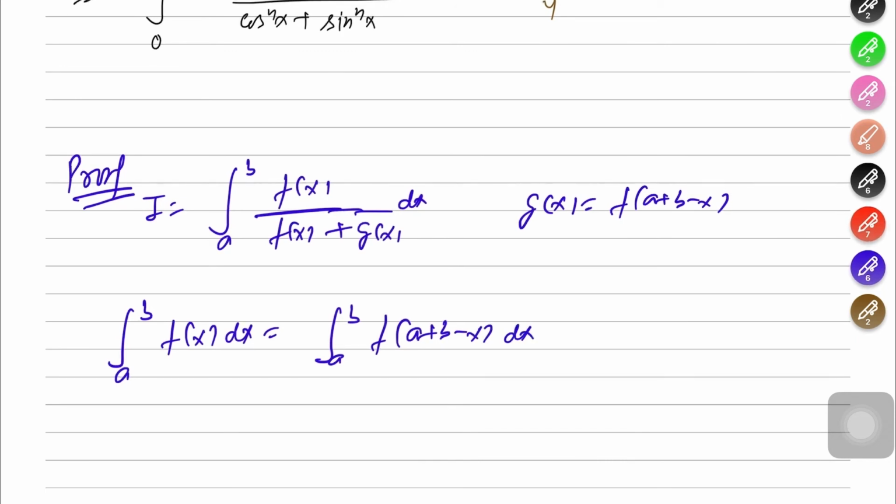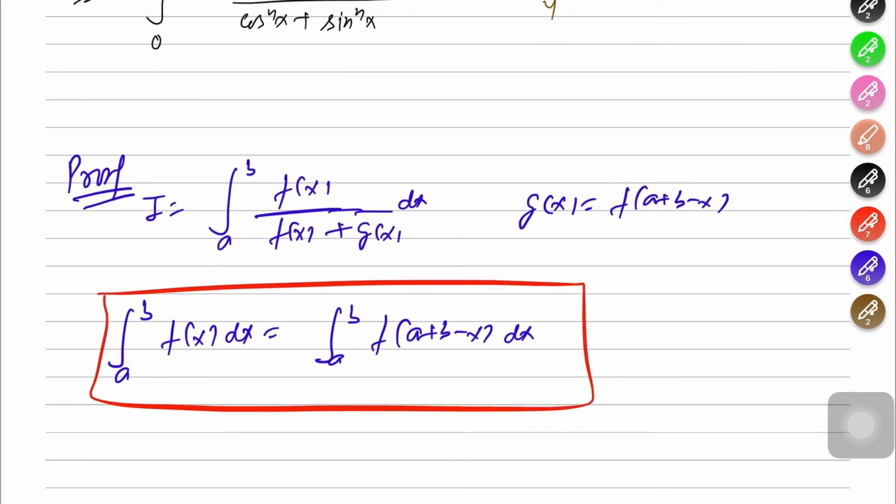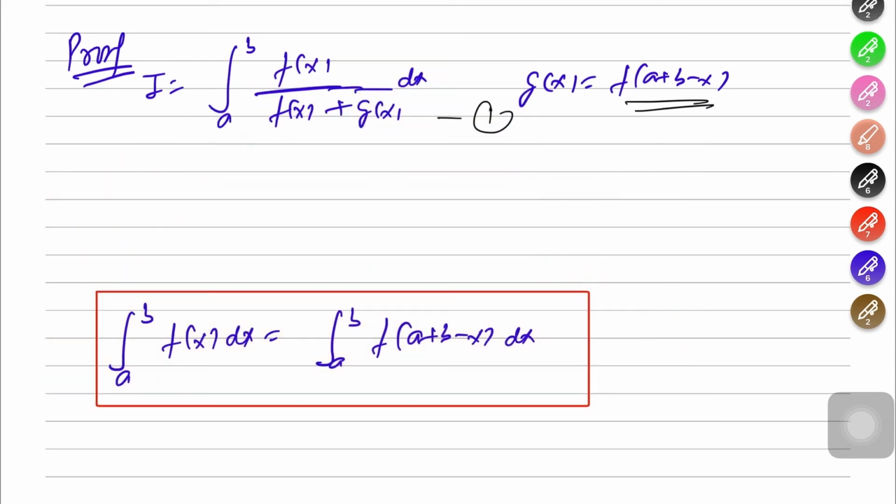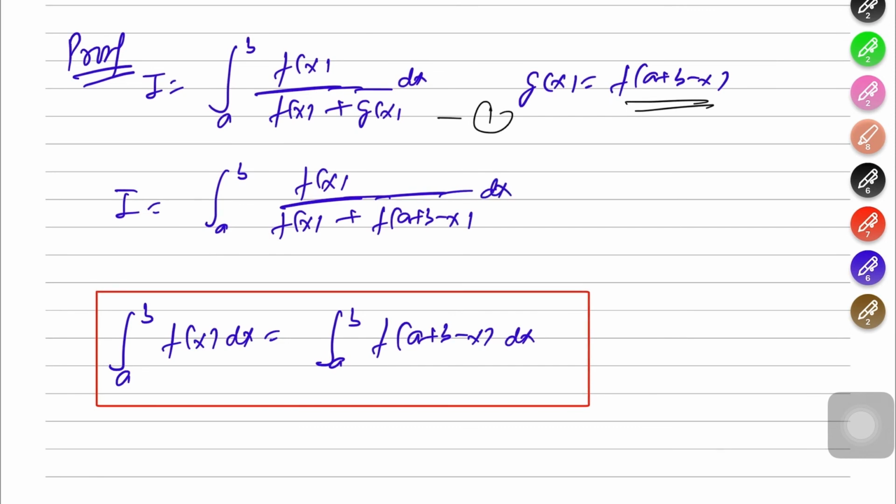So this is one of the properties of definite integration. Since g(x) is f of a plus b minus x, before using this property, we can also write I is equal to the integral from a to b of f(x) upon f(x) plus f of a plus b minus x dx, because g(x) is f of a plus b minus x.